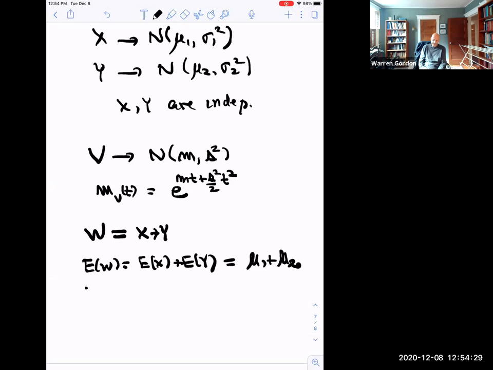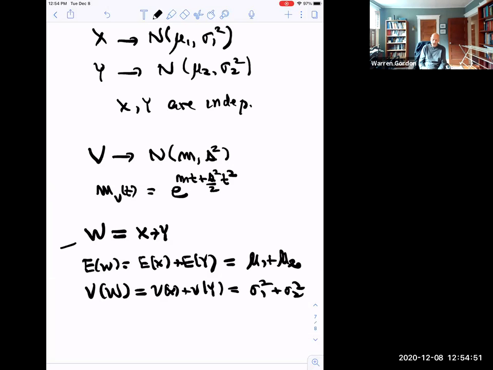We also know that V of W, since they're independent, has no covariance term, and this would turn out to be sigma 1 squared plus sigma 2 squared.